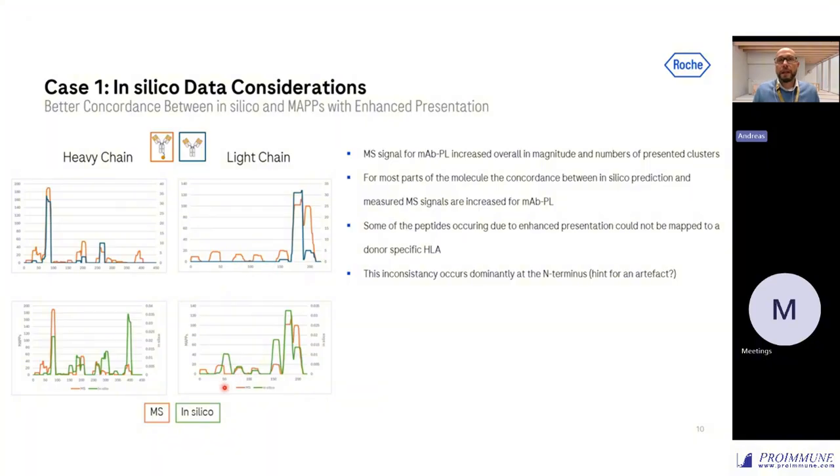So again, making the point that even though for the monoclonal, those clusters were not detected, if we enhance the presentation, we suddenly get the signals, and they are actually in agreement with what previously was predicted by in silico. However, on the other hand, we also see that new peaks are coming up that are not mapped with the in silico. So there we're still a little bit puzzled what happens, but that's still under investigation.